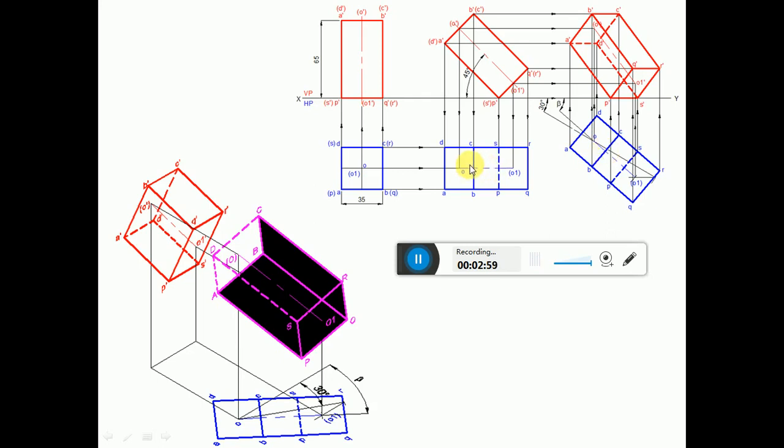Then since BC is perpendicular to OO1, through this point by using the protractor you measure an angle of 90 degrees with respect to OO1 and then draw a perpendicular line. Then you measure the length from this point to B and also from this point to C. Both are going to have equal length. So from this side you cut an arc on this to get this point B, and similarly from this point you cut an arc on this to get this point C.